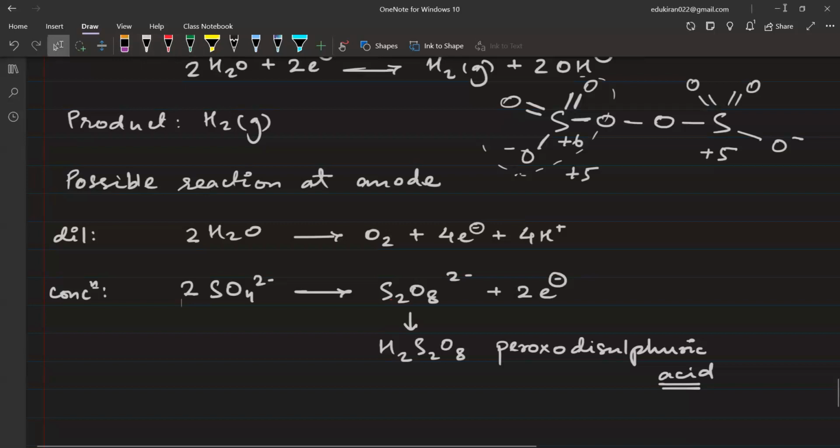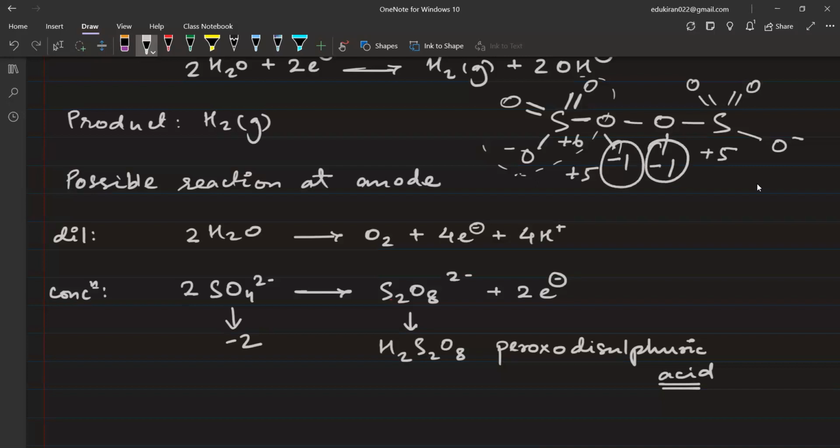Whose oxidation state is changing here? Okay, we can see the oxygen changes here. All the oxygen atoms are -2, but these oxygen atoms are -1, and this oxygen atom is also -1 here. So you see that this is getting -1 and -1. So what happens to them? Their oxidation state goes from -2 to -1. Oxygen atoms are getting oxidized here, not the sulfur atom. Sulfur stays the same, okay.